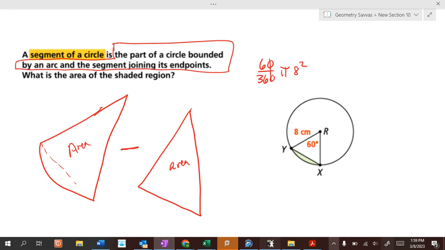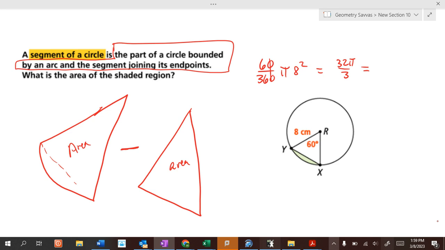So I don't know what that is just off the top of my head. What did you get? 32 pi over 3, right? Now take that times pi, so we get a decimal answer.